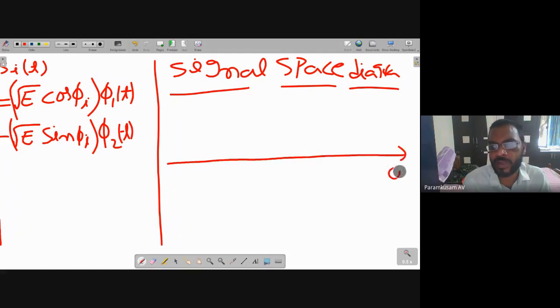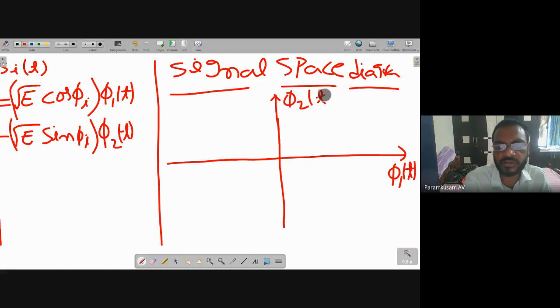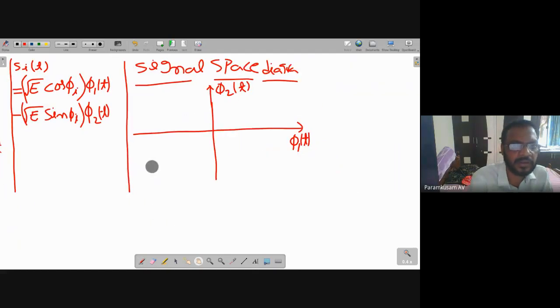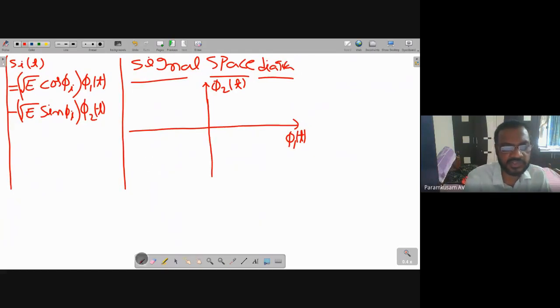One is φ1(t), and the second one is φ2(t). See, si(t) is equal to root E cos φi φ1(t) minus root E sin φi φ2(t).